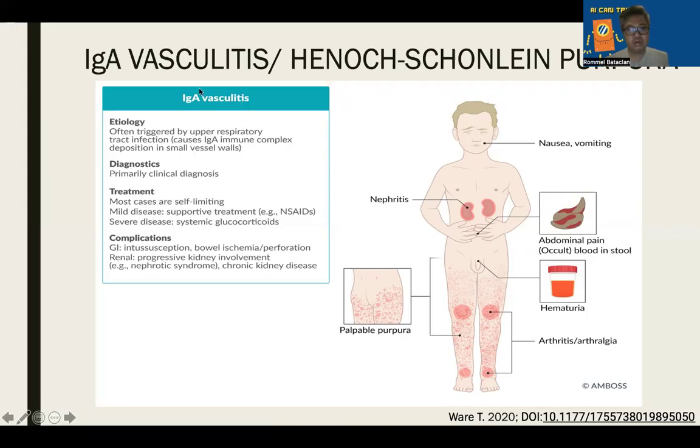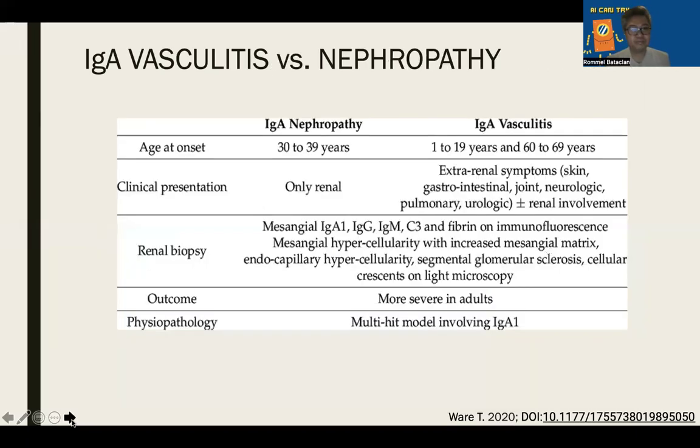So it could also present as vasculitis. There can be a GI problem, purpura, and for the kidney problem, it could either lead to hematuria or a decline in the kidney function. So there are some slight differences.